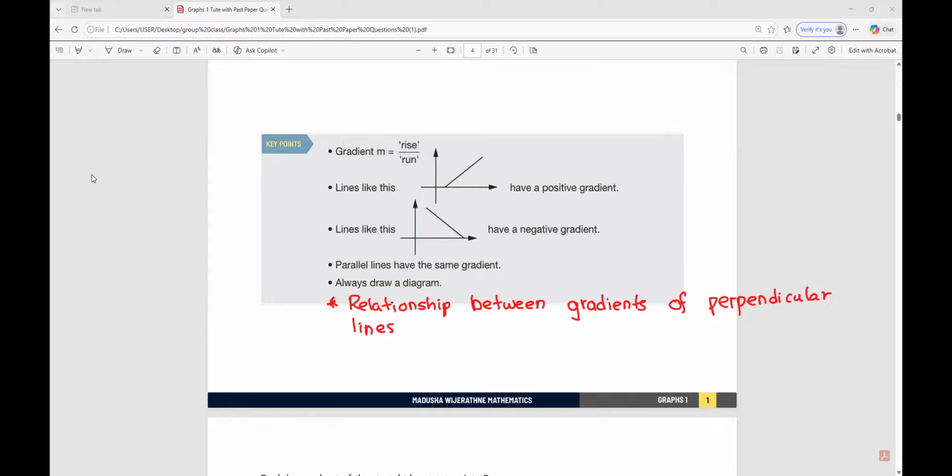I will draw a small sketch here. 90 degrees. If this one has gradient M1, this one has M2. M1 times M2 is equal to minus 1. Write this because it is not given here.